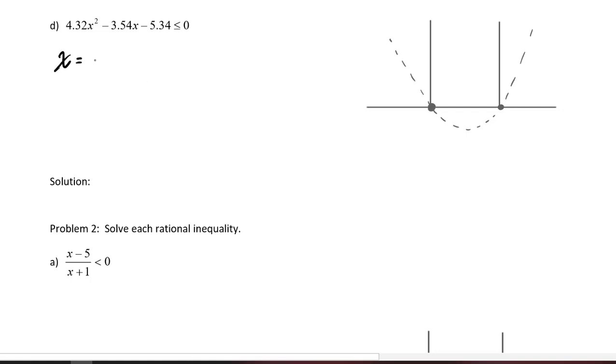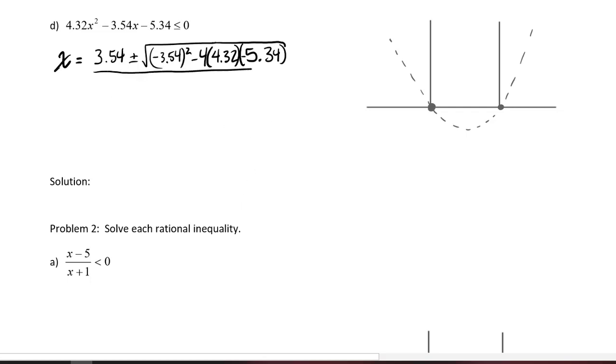x is equal to -b plus or minus the square root of b squared minus 4 times 4.32 times -5.34. And this again seems like a good place for a calculator. All over 2 times 4.32.